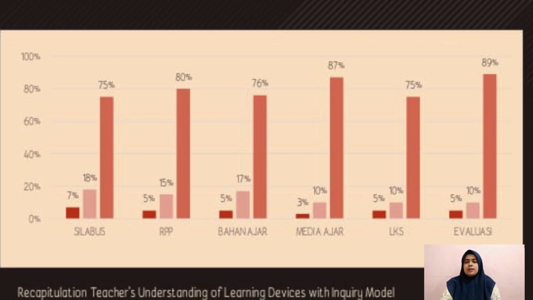Lesson plans are 18%, teaching material 76%, learning media 7.5%, worksheet 89% in the less category, and evaluation or assessment also in the less category. From these percentages, it is known that the teacher's understanding of learning tools still has a lot of obstacles.